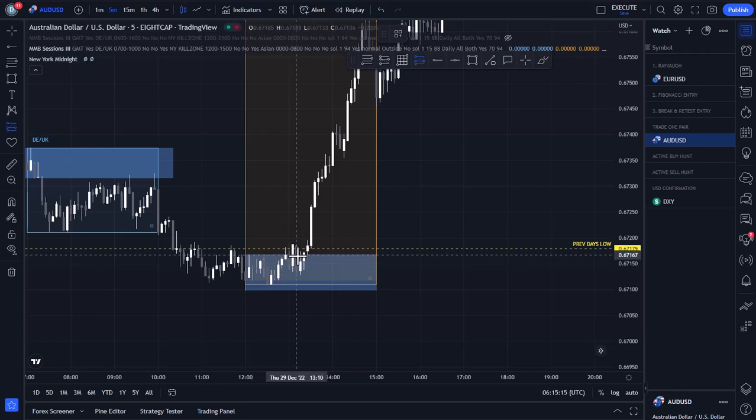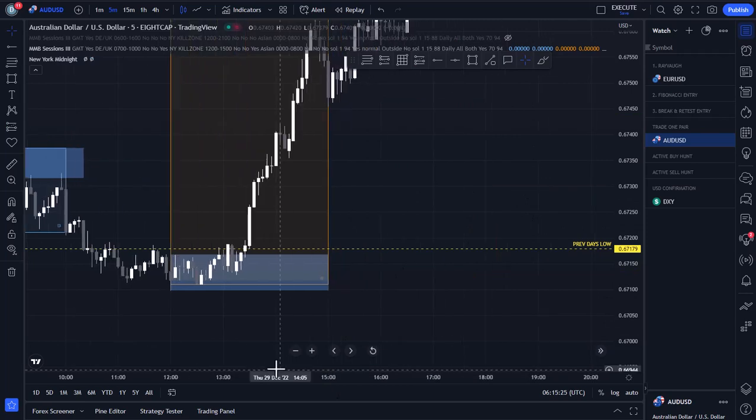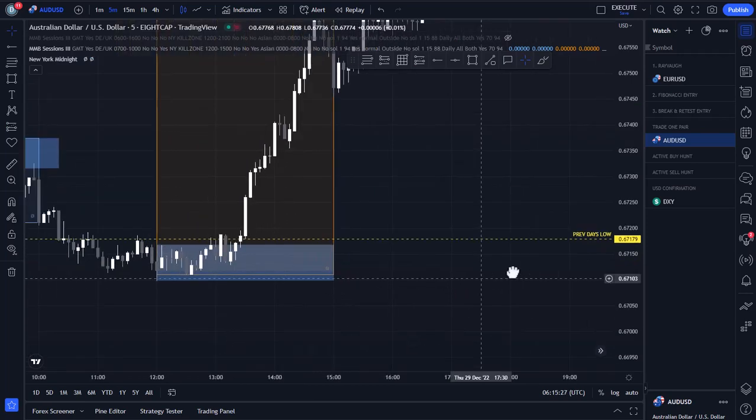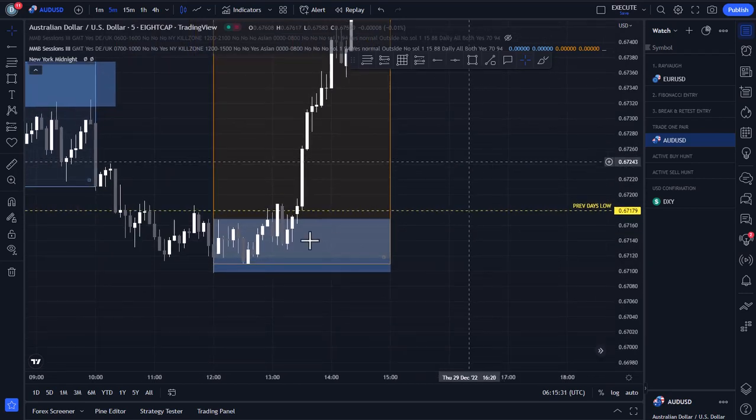So price came out, but I failed to close above it on this particular candle. Let me see if I can make this a little bigger so it's easier to follow along. Okay, yes.